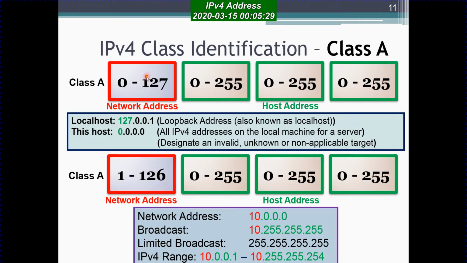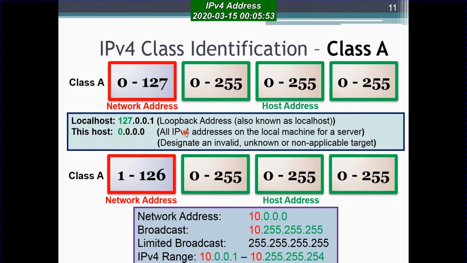However, if we go back to the network address, we're going to see that the value 127 is reserved for a loopback address. So you cannot create a class A IP address which starts with 127 and assign it to a computer, because 127 is reserved for loopback. Also, the value 0 here is reserved for something else.